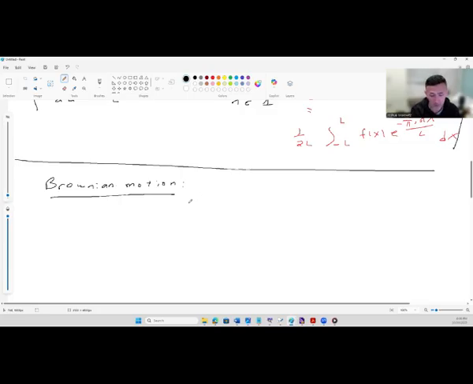And almost sure convergence requires the Kolmogorov inequality from probability theory.